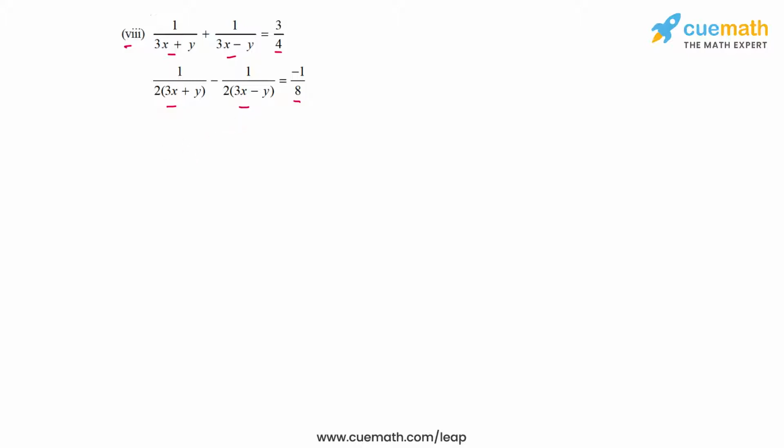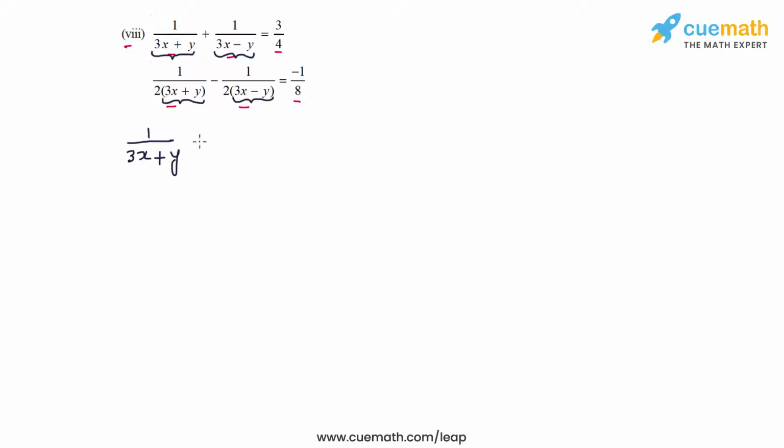To figure out what substitution to do, look at what are the repeating terms or expressions. So we have 3x plus y here and here, and then we have 3x minus y here and here. So the substitution that we can do is 1 by 3x plus y. Why am I doing 1 by 3x plus y?